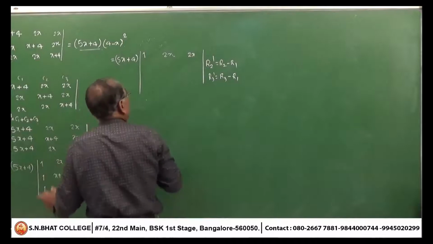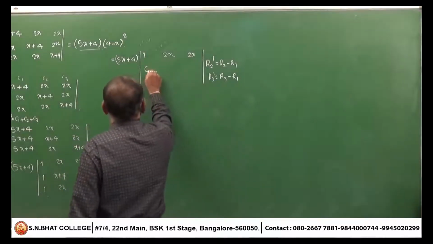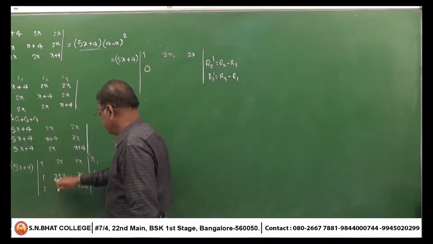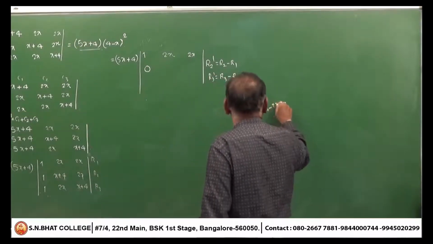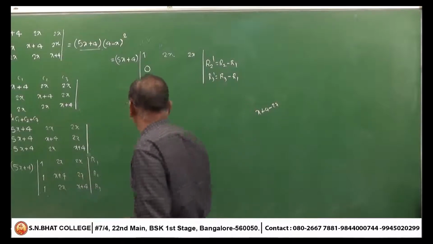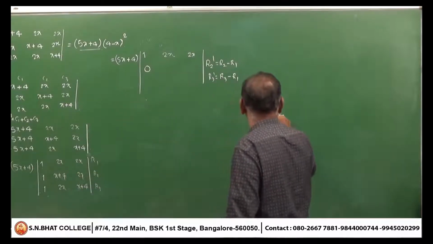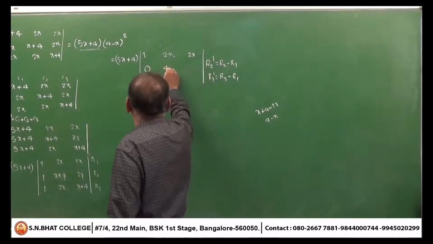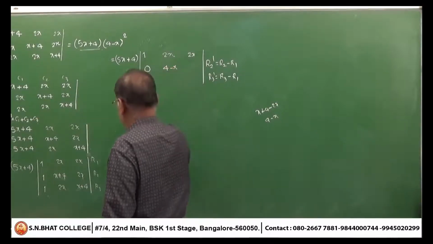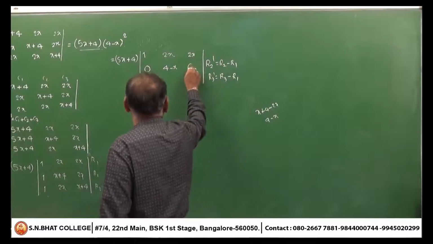R2 minus R1. 1 minus 1 is 0. 1 minus 1 is 0. Next, x plus 4 minus 2x. This minus this. This becomes 4 minus x. Minus 2x plus x is 4 minus x. Next, this minus this is 0.